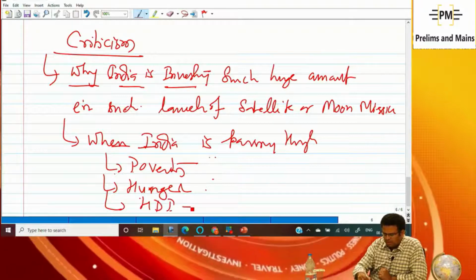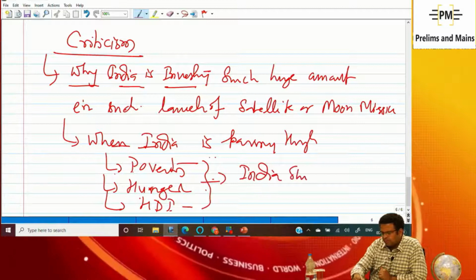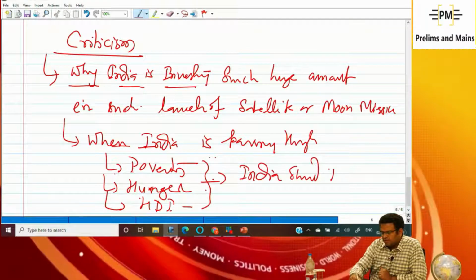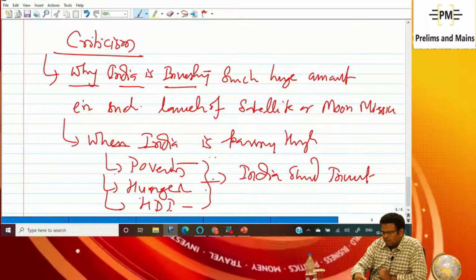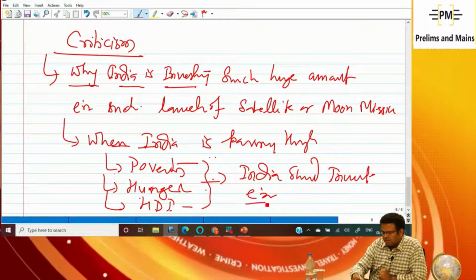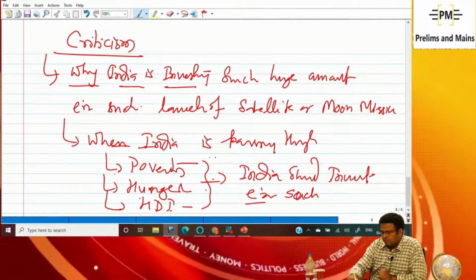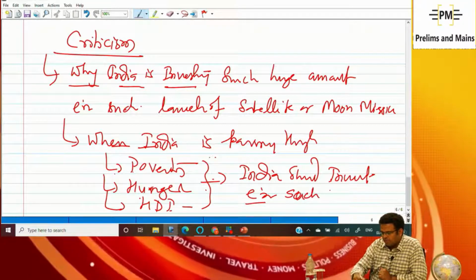India should invest in such socio-economic upliftment.